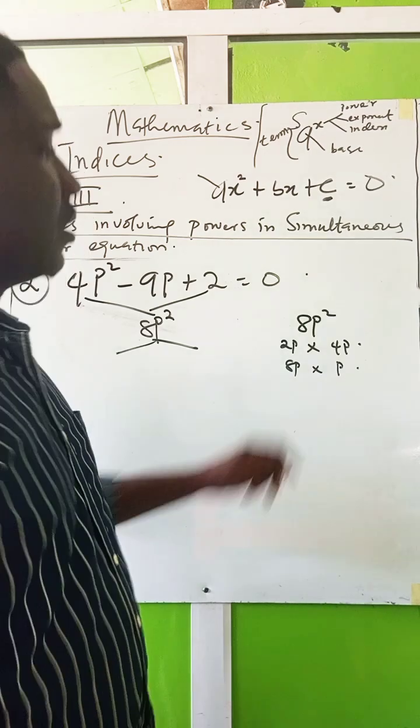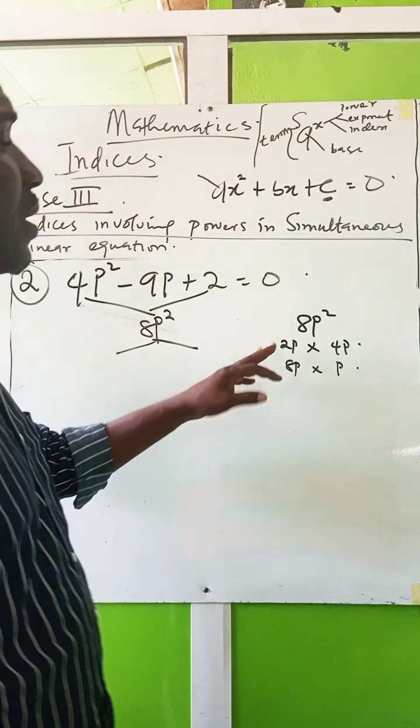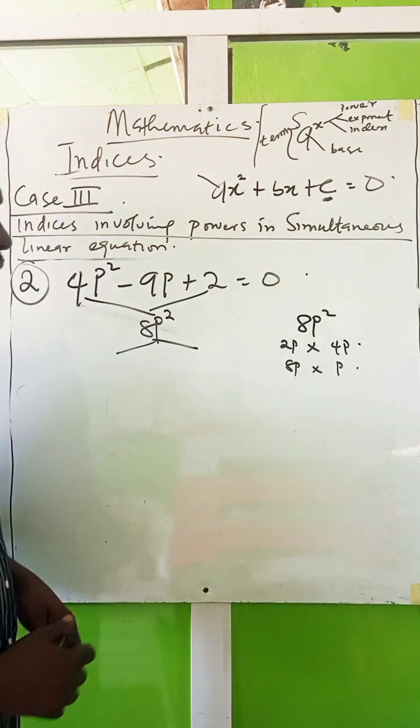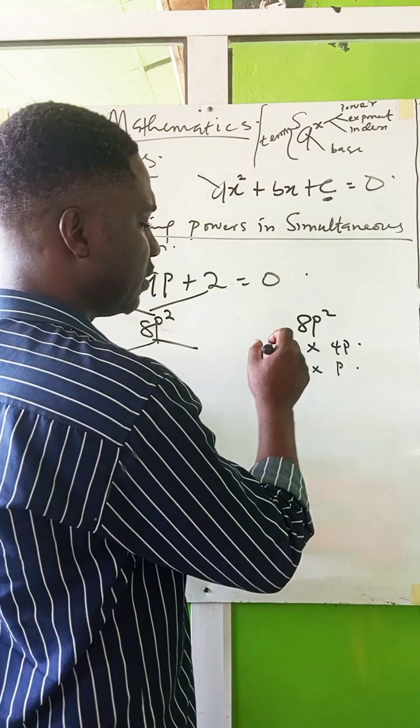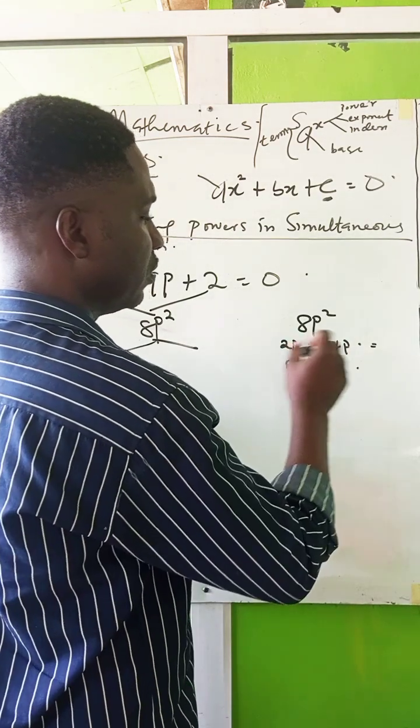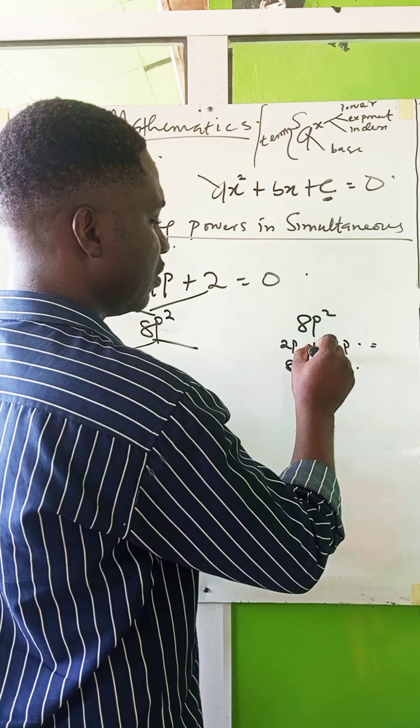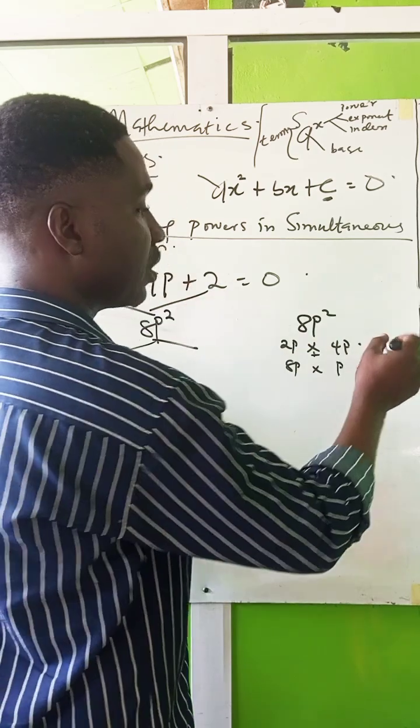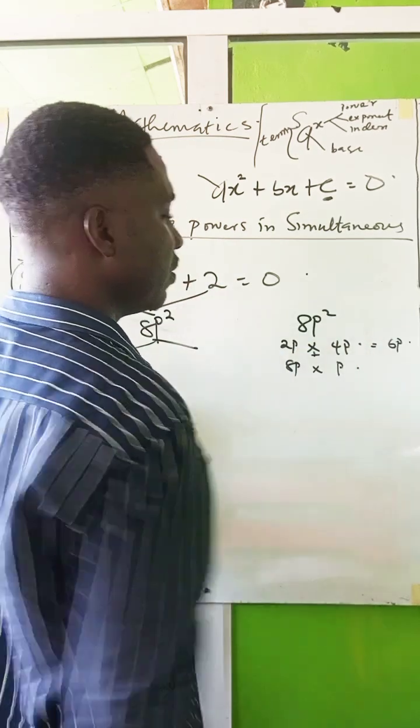Now, in this case, which one is likely to give us the middle term if we add them together? Adding 2p and 4p gives us 6p.